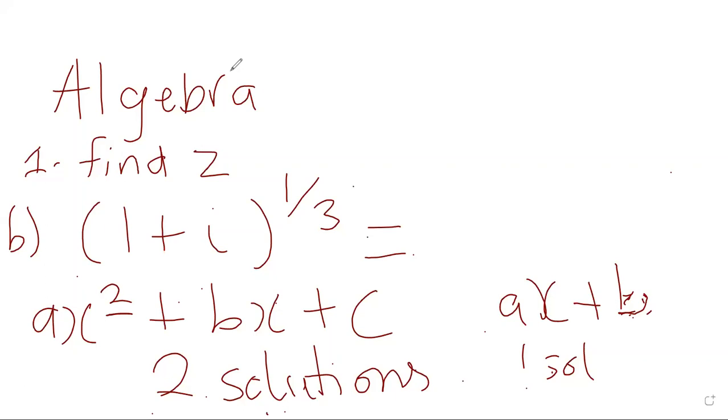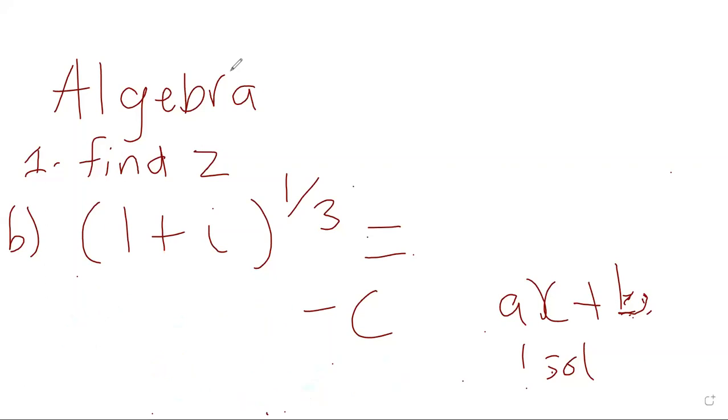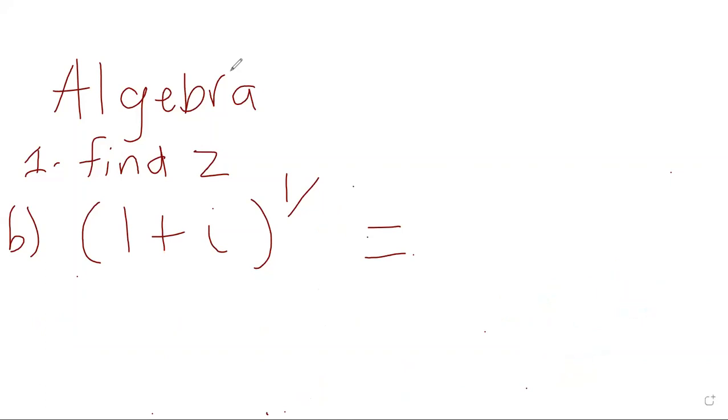If we are expecting, let's say, (1 + i) raised to the power 1 over 10, that means we are expecting 10 solutions. Even if you have 1 to the power 1 over 10, we expect 10 solutions.